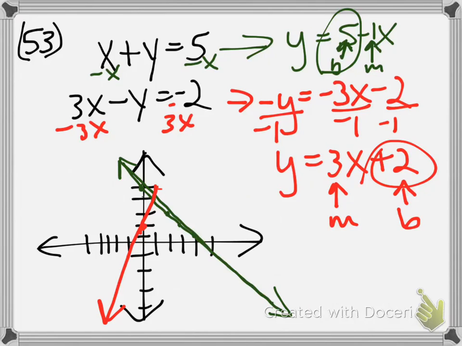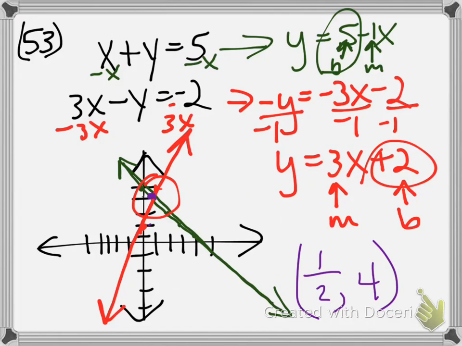So when I connect this, the best estimate I get is that right there is my intersection. So it looks like my x is 1/2 and my y is 1, 2, 3, 4. So that's my estimation. And you have a grid, hopefully, that you're working on, so maybe your estimation will be better than my estimation.